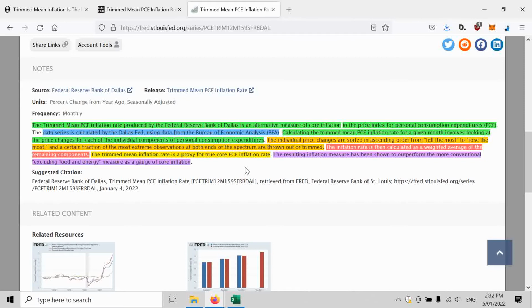In that list, they remove the topmost and the bottommost items from the calculation. Whatever is left in the middle, they create a weighted average of that, and the outcome is the PCE number or trimmed mean PCE number.